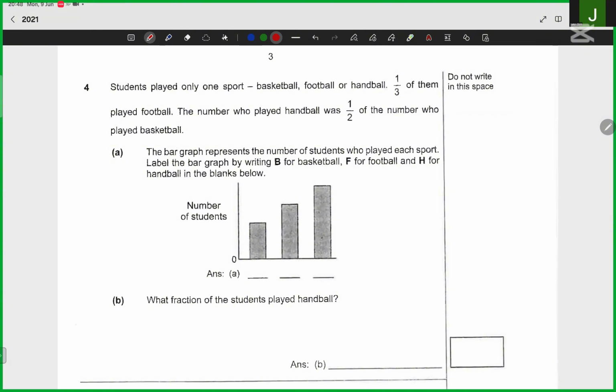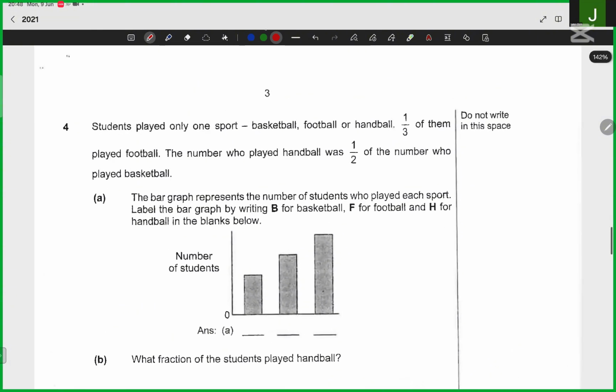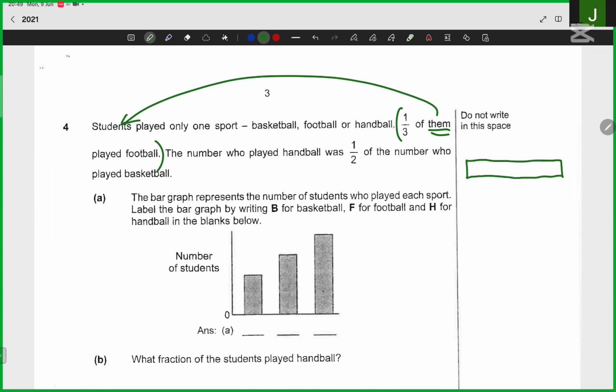So this one is your English. 1/3 of them. The "them" refers to who? Refers to the students. So the students have a total of 3 units. 1/3 of them played football, so that means we are left with 2 units.